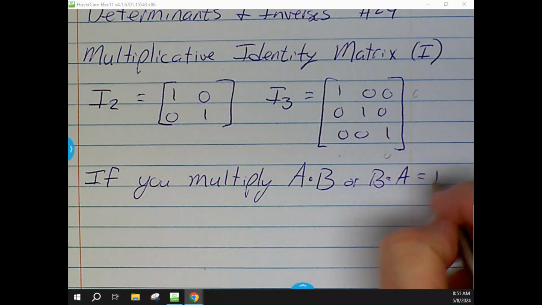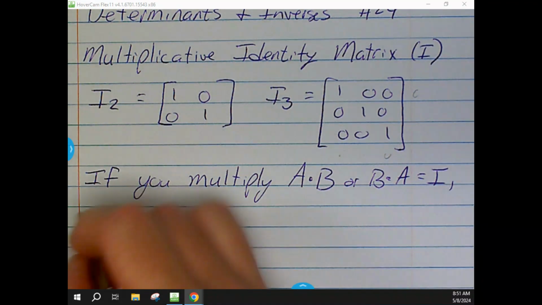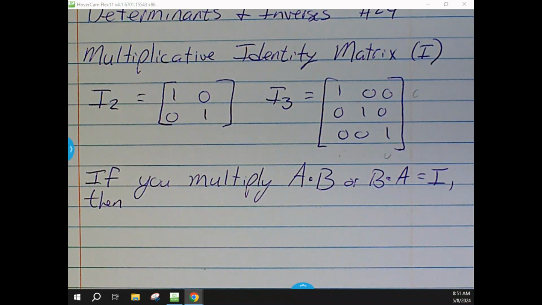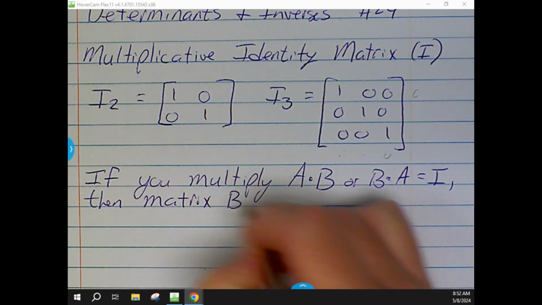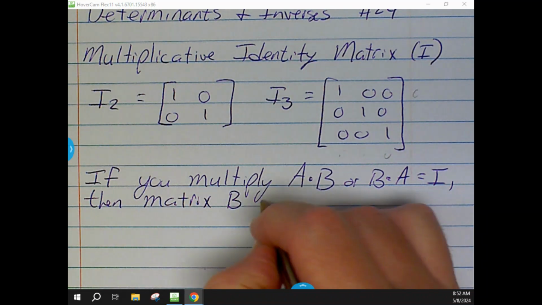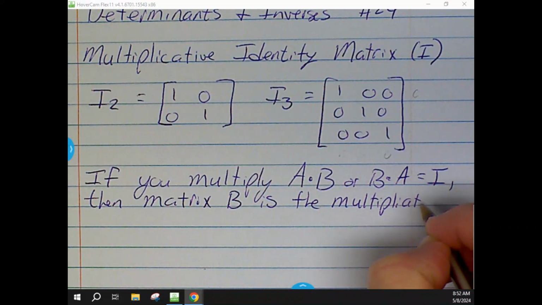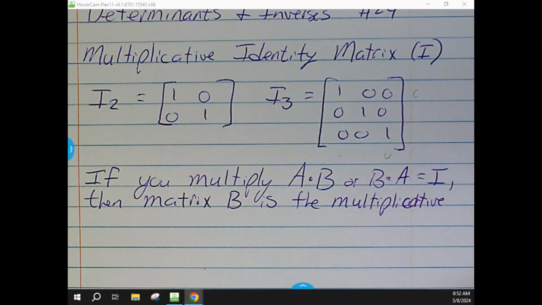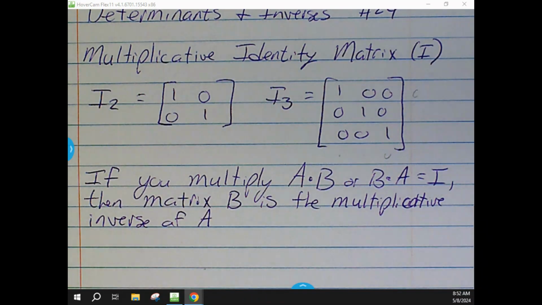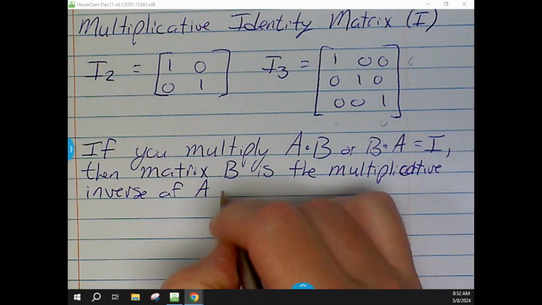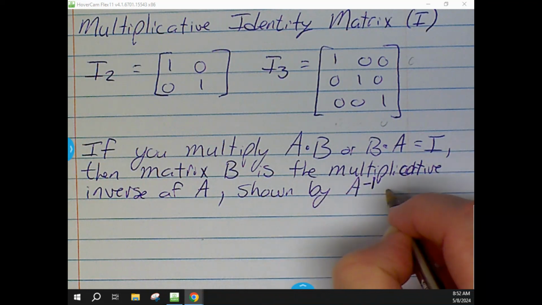And if those two things equal I, then matrix B is the multiplicative, there's that fun word again, multiplicative inverse of A, and that's shown by A negative 1.